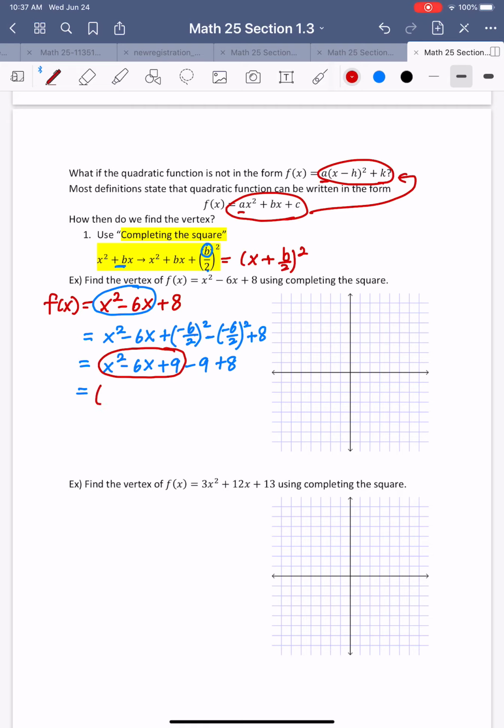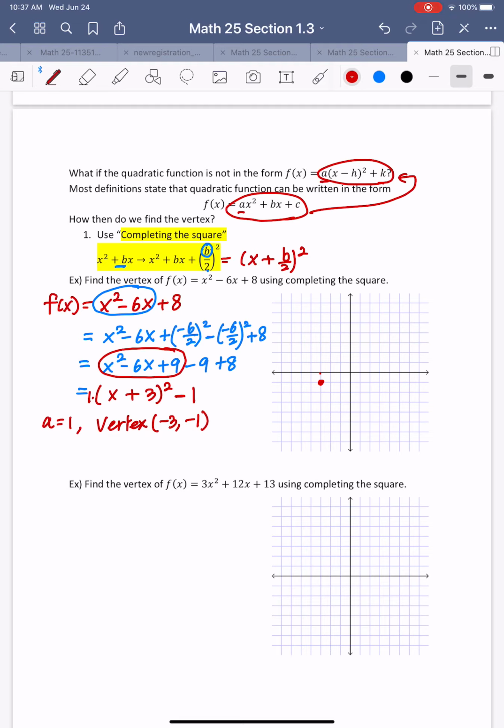Okay, so you get x plus 3 squared, which is minus 1. So now we have a vertex form, right? So a is 1 because this is a 1. And then the vertex, which is h and k, is negative 3 and negative 1, okay? You always switch the sign for the h though. So if you put the negative 3 and negative 1, it should be right here.